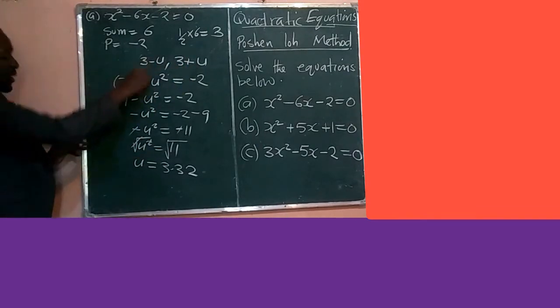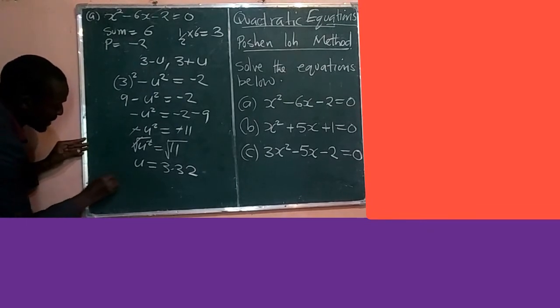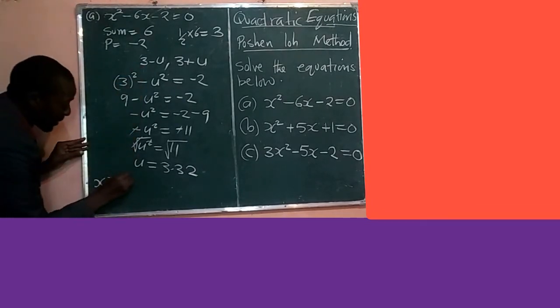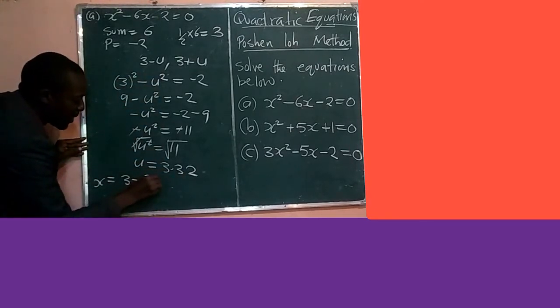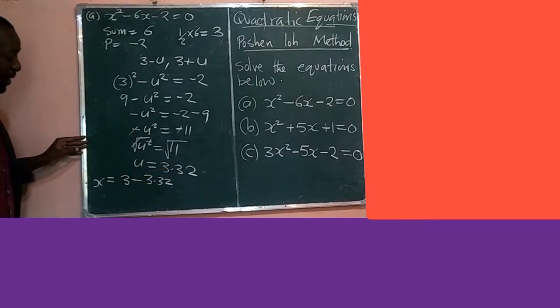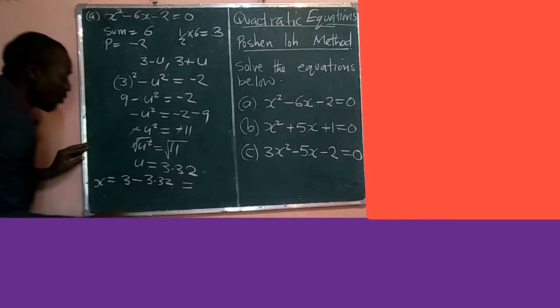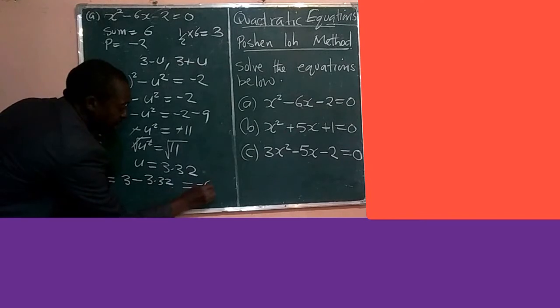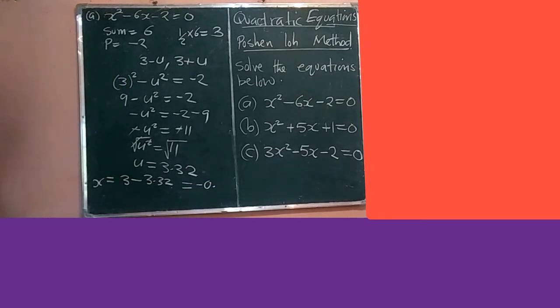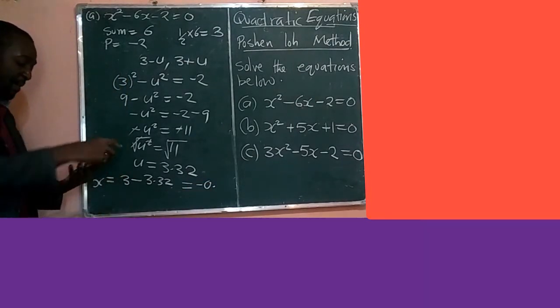So the first solution that we are going to have will be x is equal to 3 minus what we found here, which is 3.32. We can use our calculators to guide us.